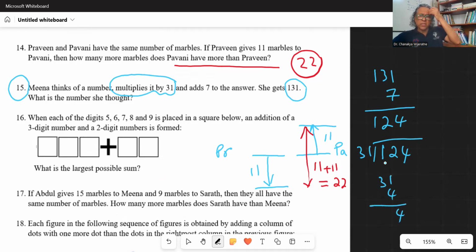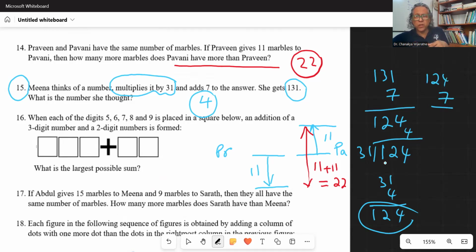Yes, we get 124. That means she thought 4, right? And you can check. When you multiply 4 by 31, you get 124. When you add 7 to 124, you get 131, right? So working backwards, we found that she thought 4.